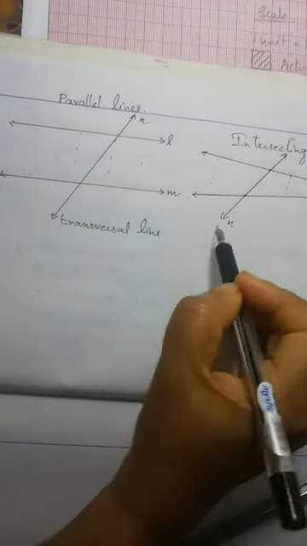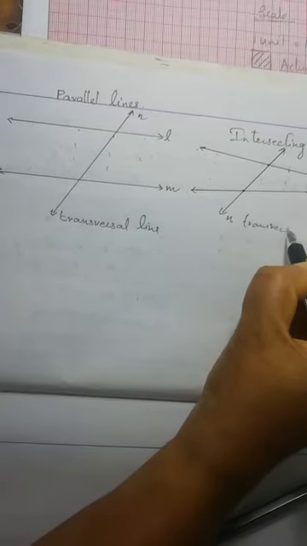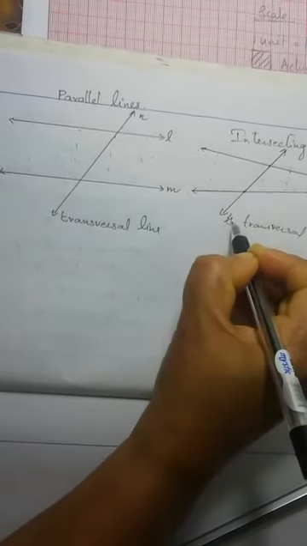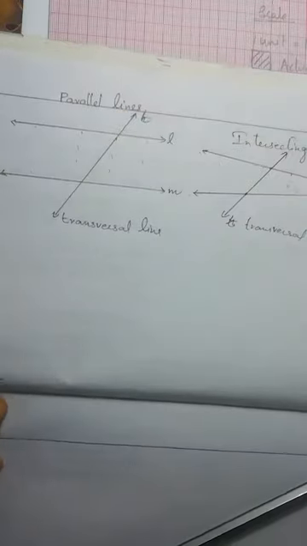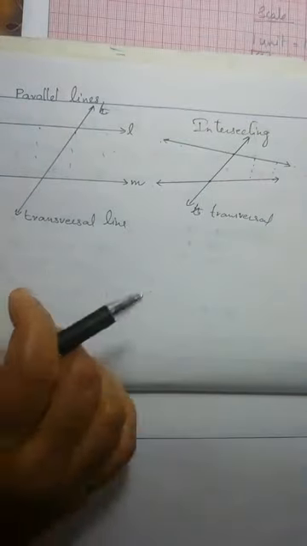That's why we call this line a transversal line. We can name it line T. This is parallel lines cut by a transversal, and intersecting lines cut by a transversal.